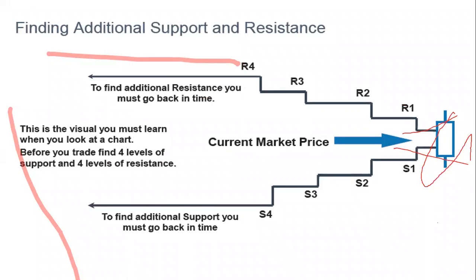So now, finding additional support and resistance, this is the visual you must learn when you look at the chart. You must see when price was coming down, it consolidated somewhere, fell down again, consolidated, fell down, until where you see the current price.